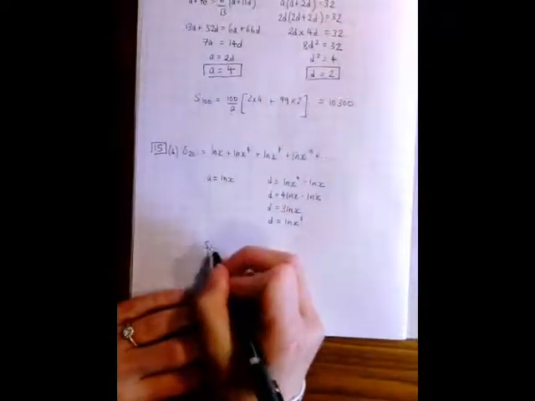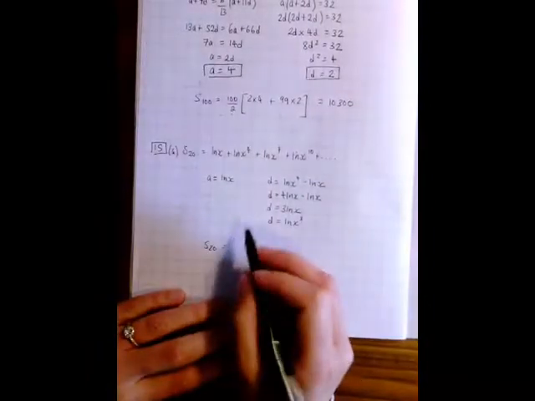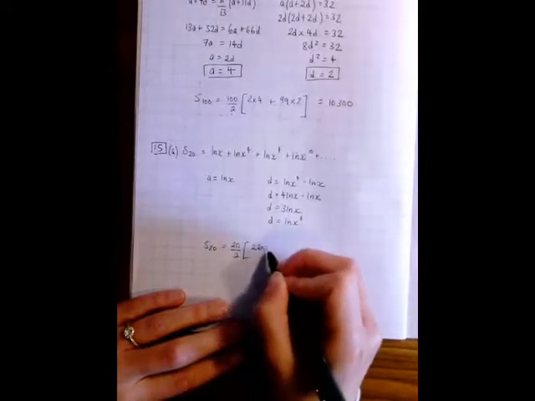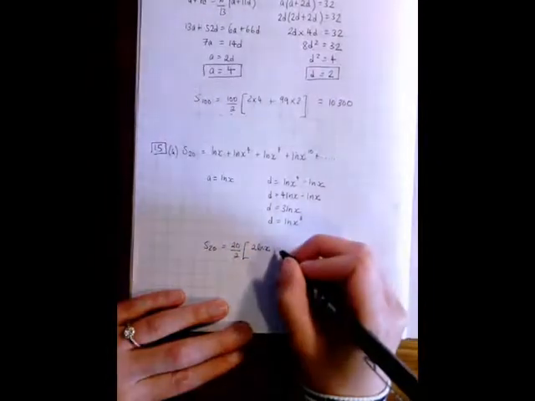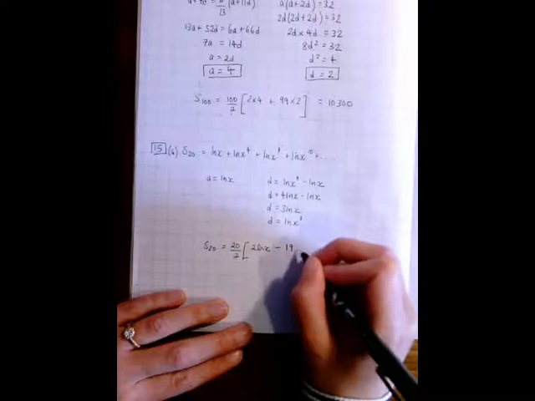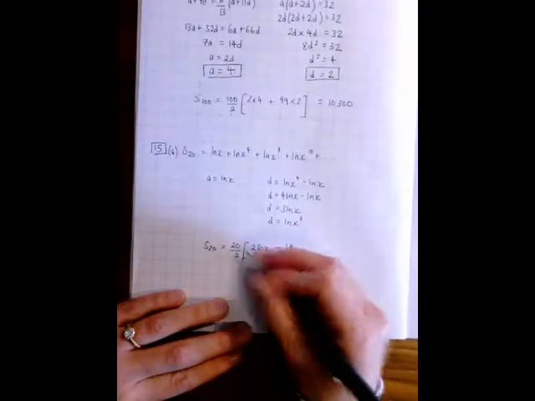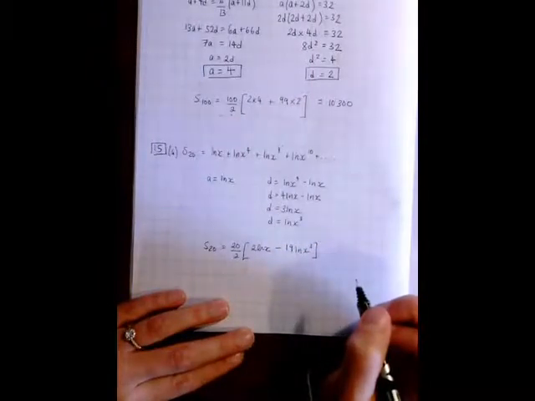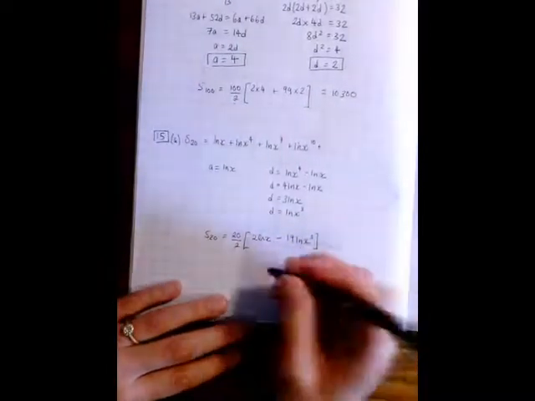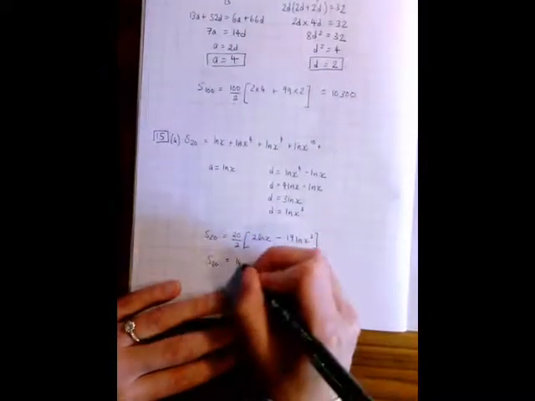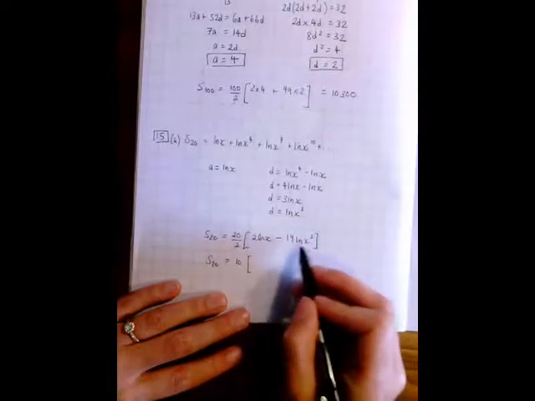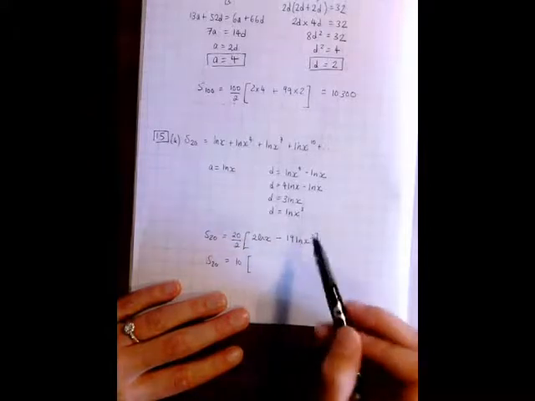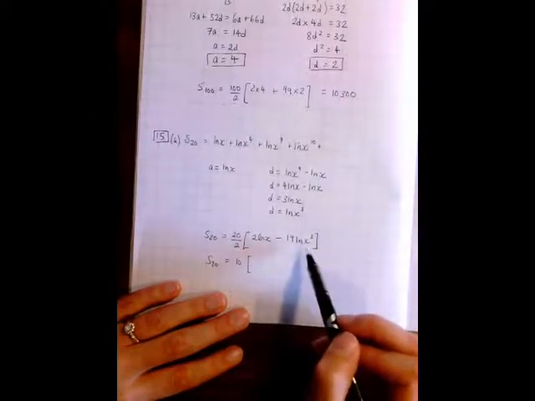So the sum of the 20 terms, well, it would be 20 divided by 2, then 2 times a, which is ln x, take away 19 times d, because it's one less, remember, than the terms, so ln x 3. And we want an expression, so we're probably going to be left with the x's in there. So I'm going to have 10 at the front, and then in order to simplify these, it's going to make sense to simplify them a little bit.